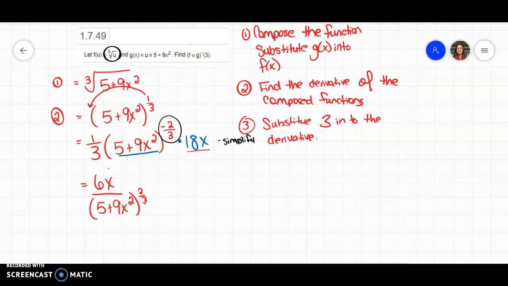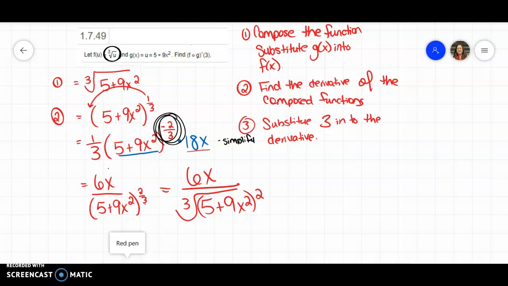But what I did is I changed it to rational form, meaning I took that root and rewrote it as a fraction, a rational exponent. So I want to make sure that when I put this in my math lab, I write it the way that it wants it. So whichever form it gave it to me in, because I'm looking at this problem and it's not specific, I'm just being safe. I'm going to change this rational exponent back to a radical. So this would actually be 6x divided by the cubed root of 5 plus 9x squared, all squared.